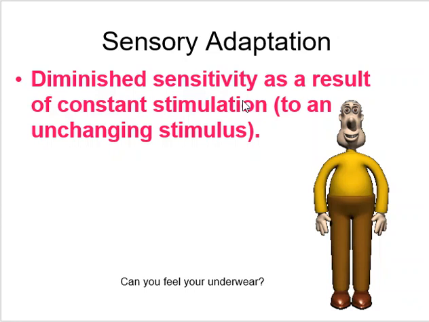Now, one thing we want to make a distinction about is a concept called habituation. Habituation is stimulation over multiple exposures. So we like to know the difference between not paying attention to a stimulus because of one continued exposure, which would be sensory adaptation, and multiple exposures, which would be habituation.